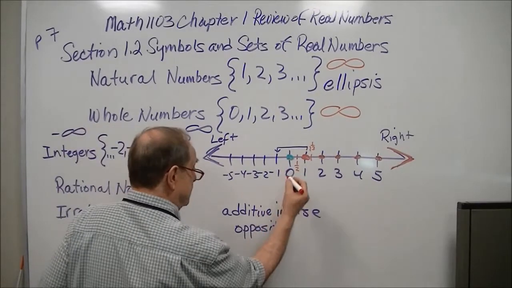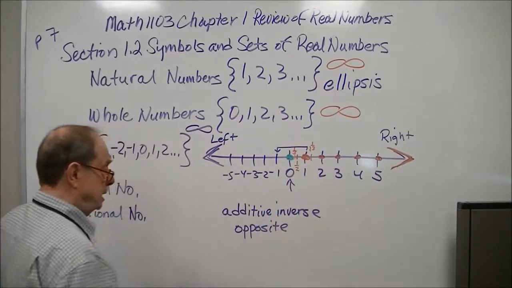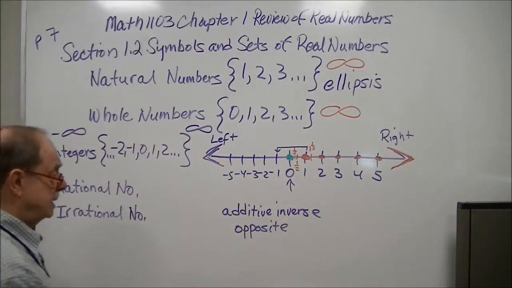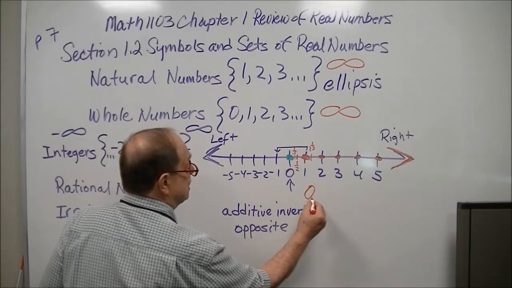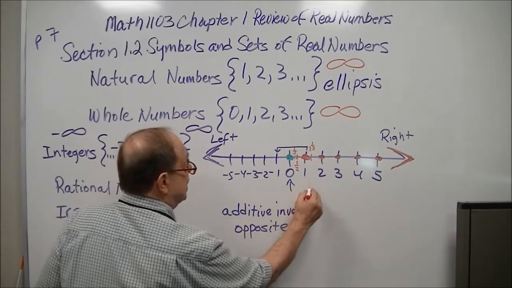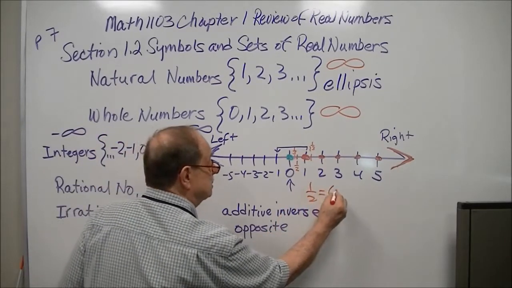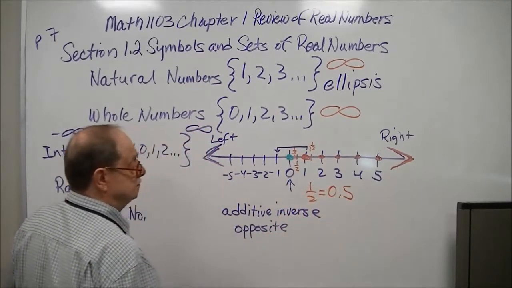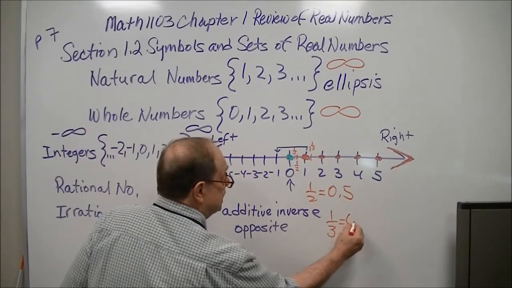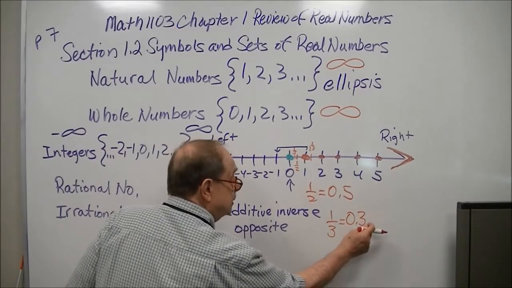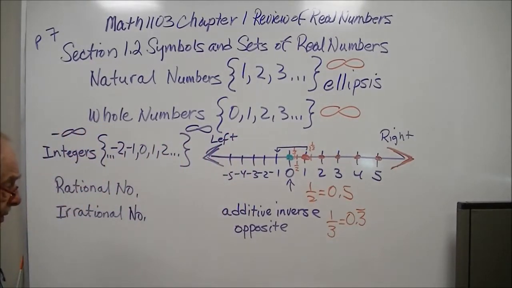Now, if we convert 1/2 to a decimal, we get 0.5. If we convert 1/3 to a decimal, we get 0.3, and the 3's continue to repeat. So we just put a little repeating bar above the 3.